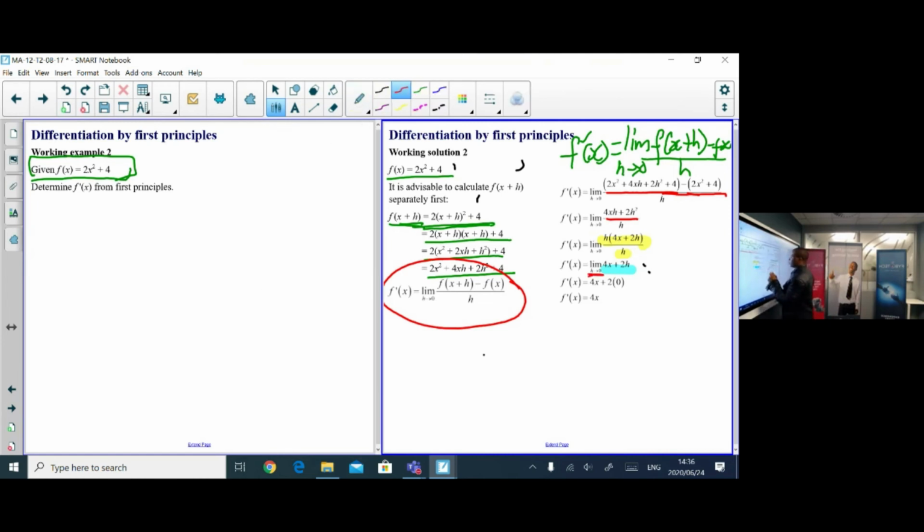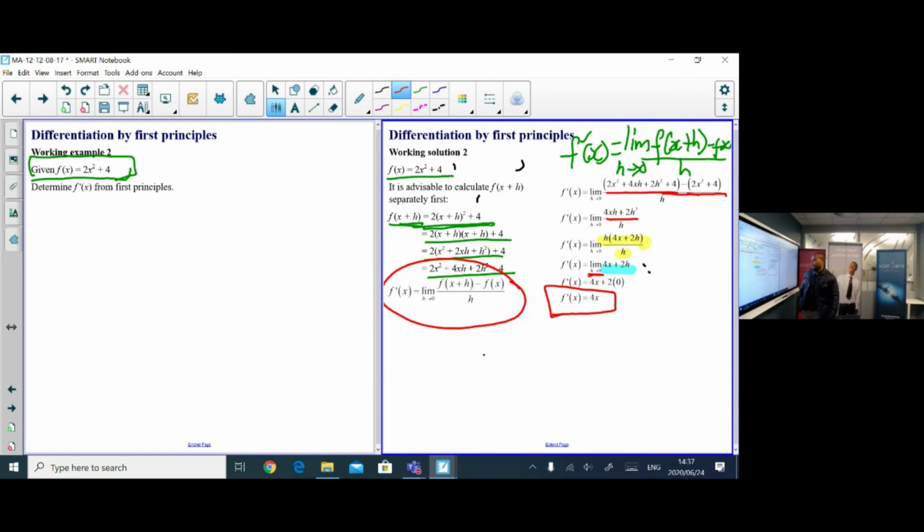So this means I can make h 0, and so you remain with that result: f prime of x equals 4x.